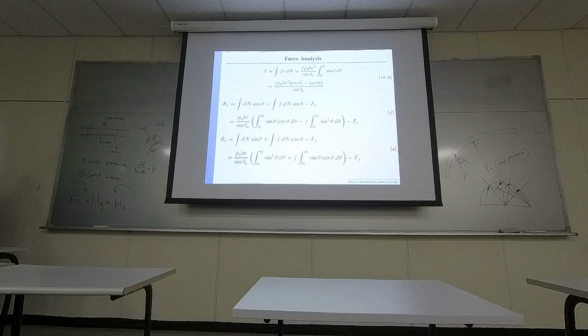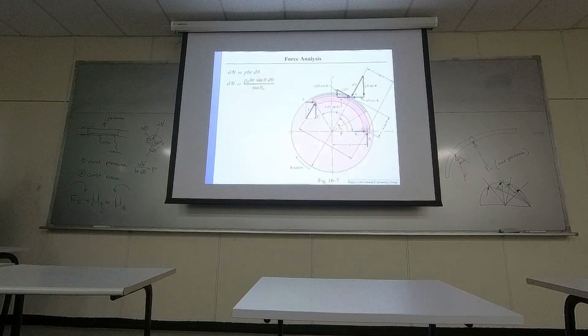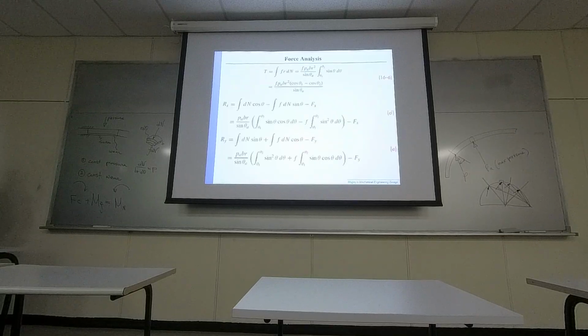Okay, and this basically computes the required torque. Required torque. So how do you compute the torque? So F, R, dN, total torque. Friction times FDN is basically the friction force times radius.